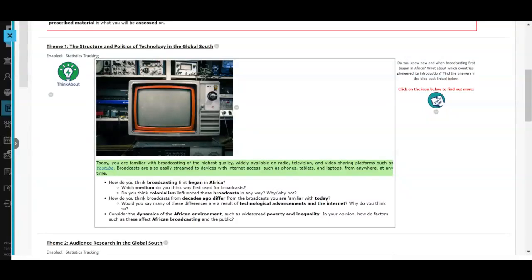Okay, so then the last thing, like I was saying, is looking at poverty and inequality.